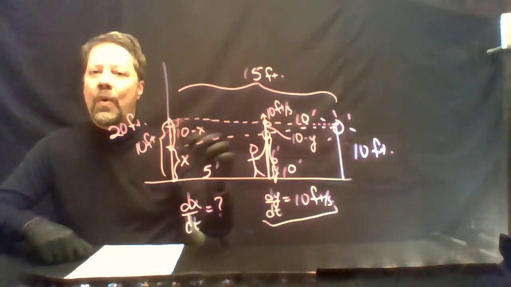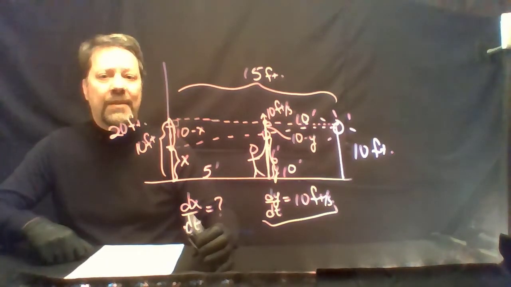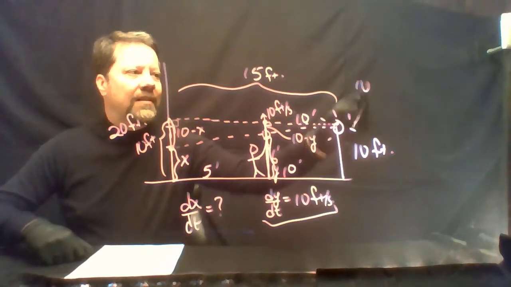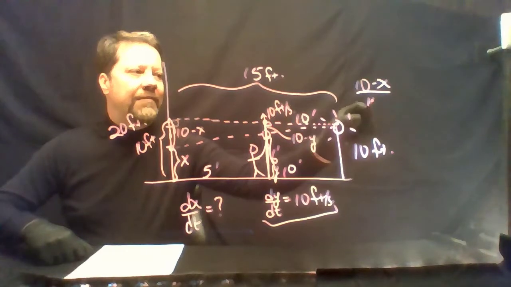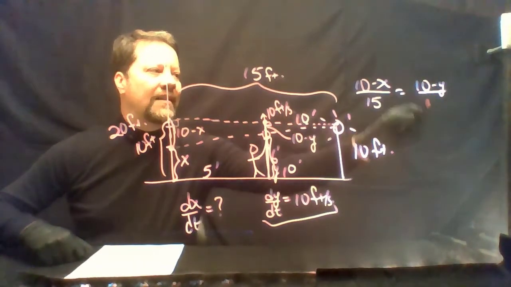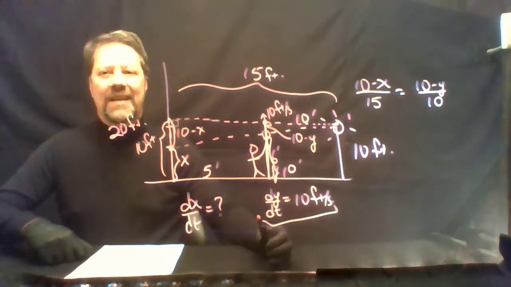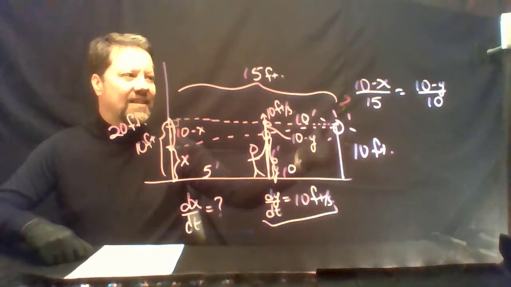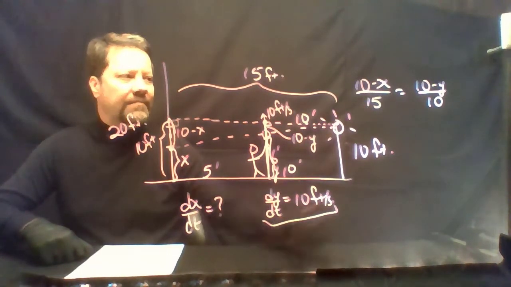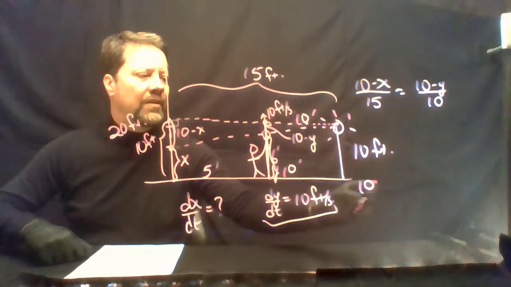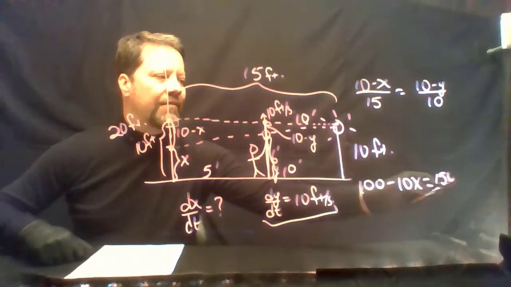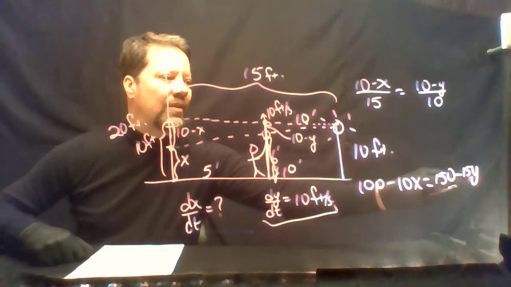Because ratios of corresponding sides of similar triangles are equal, we have the equation (10 minus x) divided by 15 is equal to (10 minus y) divided by 10. Let's multiply both sides by these denominators. We'll cross multiply so that we will have 100 minus 10x equals 150 minus 15y.